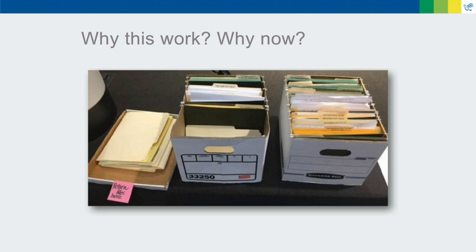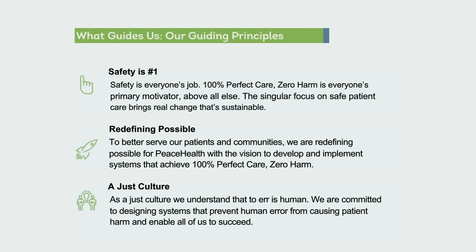And the defect rate was also 85%, meaning that only 15% of the time could we verify that we had actually implemented, and validated as effective, what we implemented as a result of a serious safety event. So this was very sobering to us, and it wasn't in keeping with a new commitment that a lot of healthcare systems have gone to of 100% perfect care, zero harm.